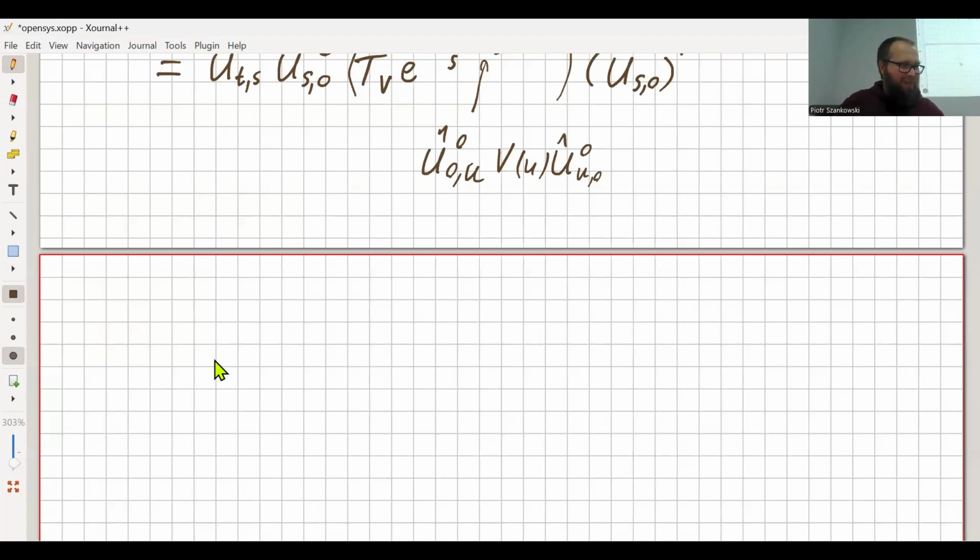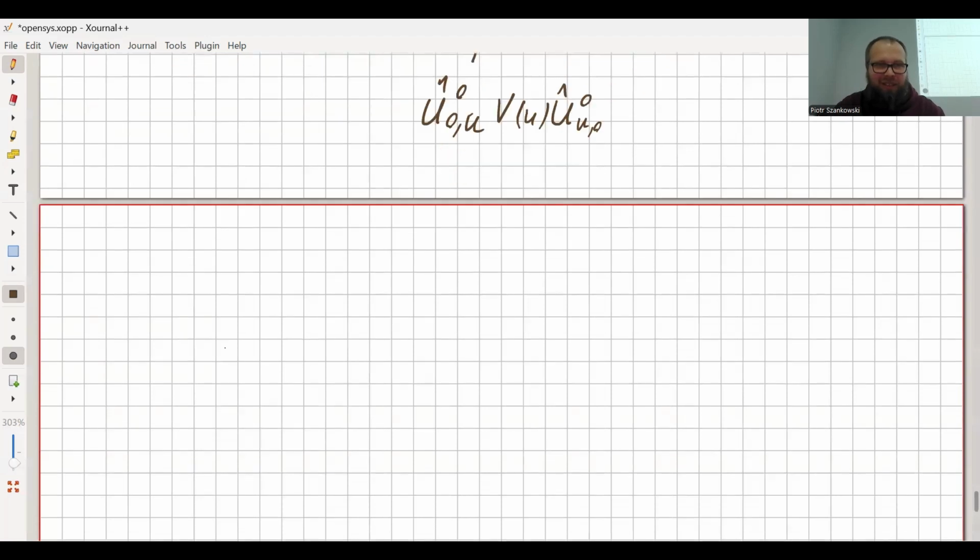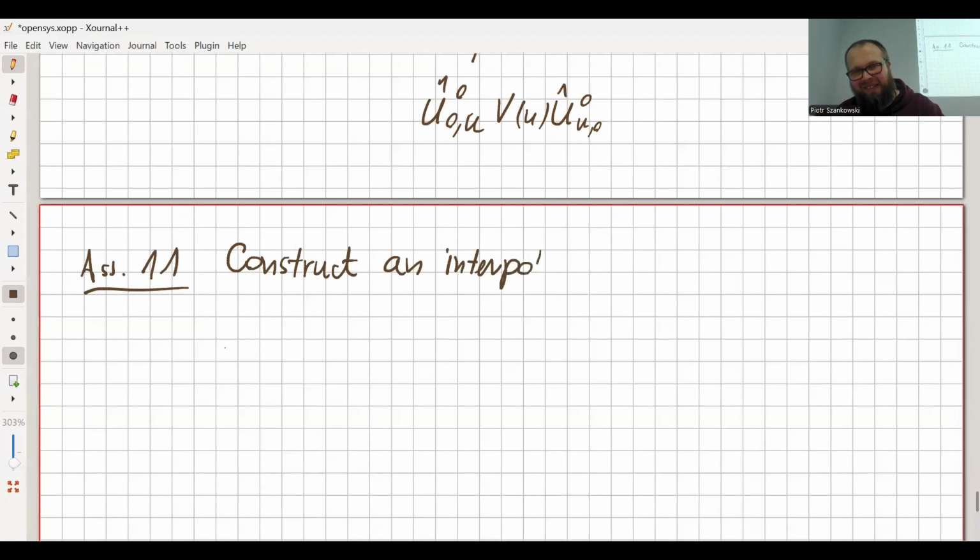So I have this assignment 11, which I recently added to the list, and I will talk about it for a bit. It's kind of weird. The assignment says: construct an interpolation.